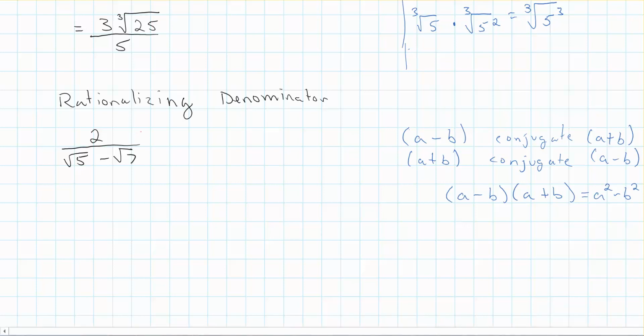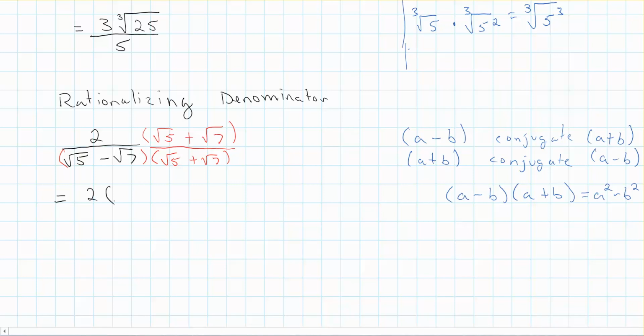Okay, so using that, let's go back to the example here. So I'm going to multiply the numerator and denominator by, and I'm putting in parentheses because I'm not just multiplying by everything, I have an addition in here, so I have square root of 5 plus square root of 7 divided by, and I'll put a set of parentheses over here, square root of 5 plus square root of 7. Okay, so the numerator is pretty straightforward.